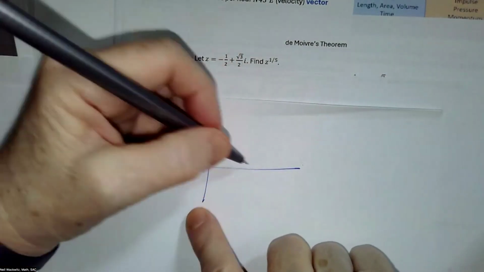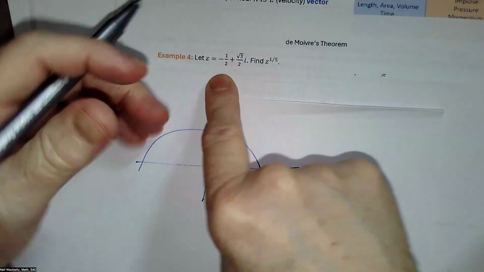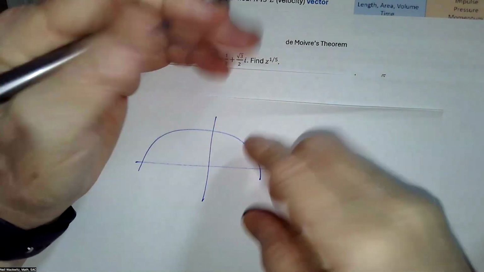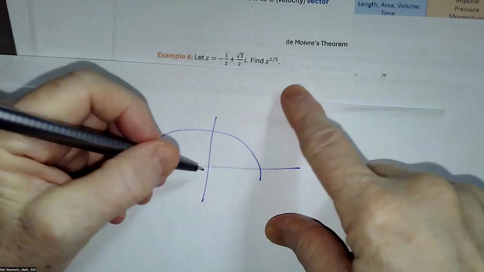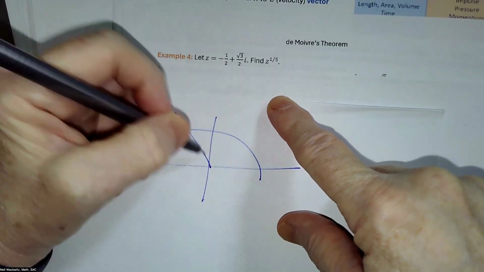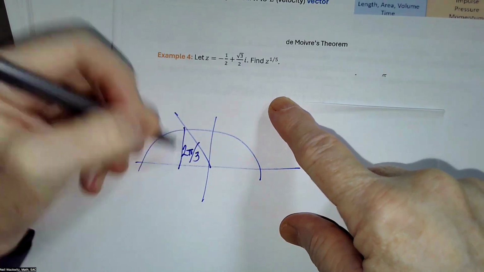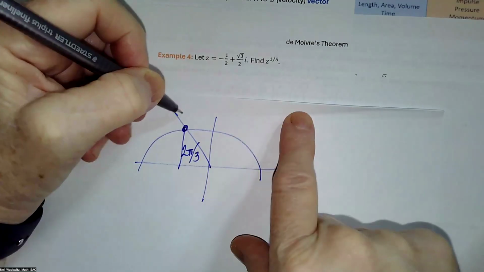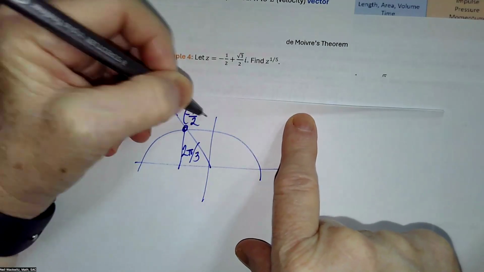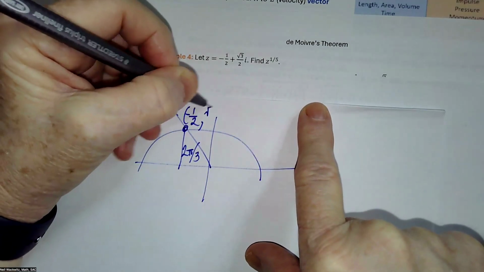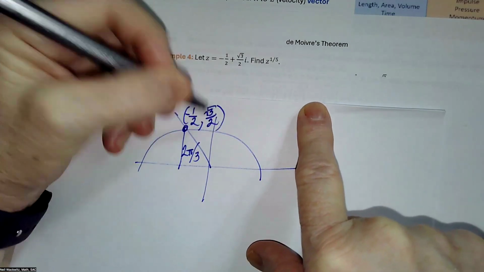This is in quadrant 2. And I know that 1/2, square root of 3 over 2 goes with pi over 3. So this must be 2 pi over 3, negative 1/2, comma, square root of 3 over 2.